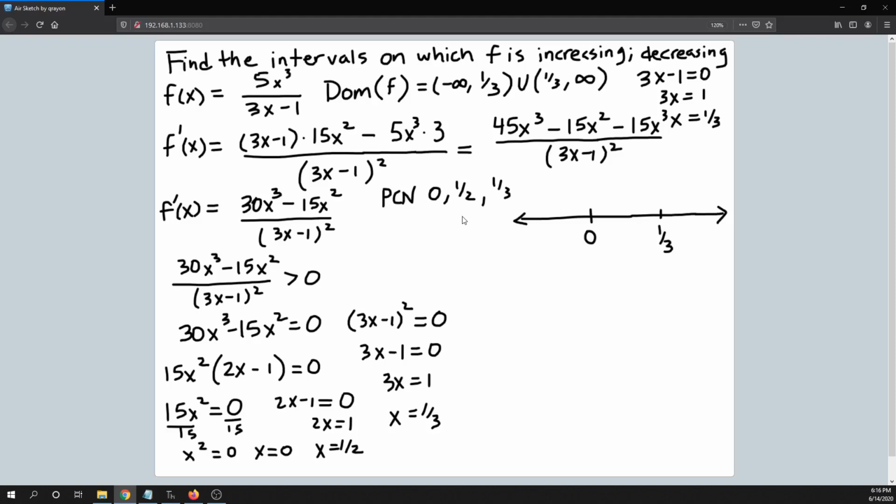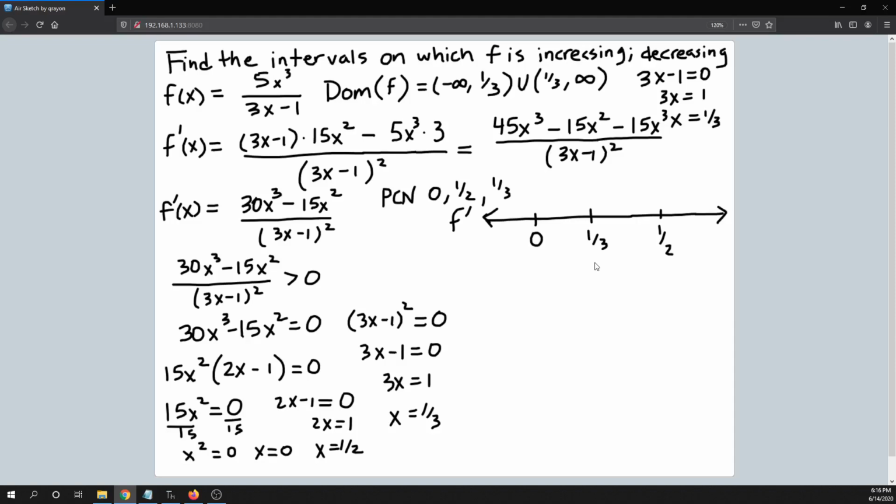I kind of wrote that too far over, so let me redo that. And then extend this a little bit more and put 0 over here. Okay, so there's my number line. I put all of my possible critical numbers on there.